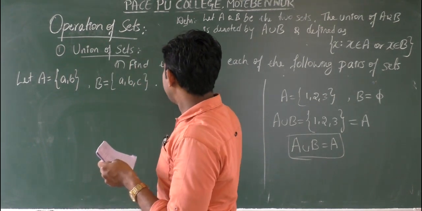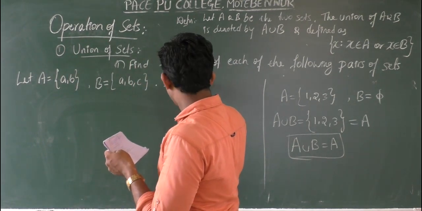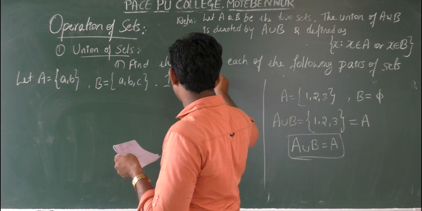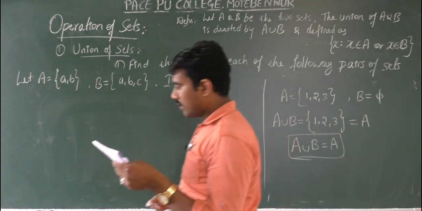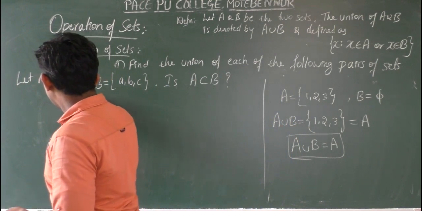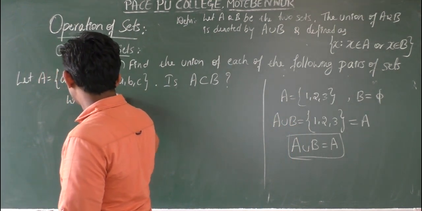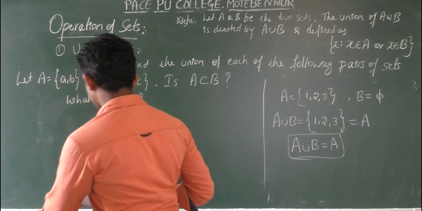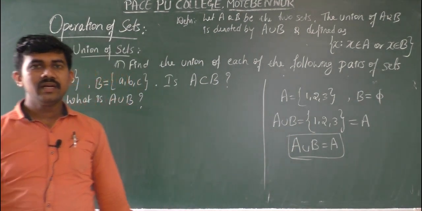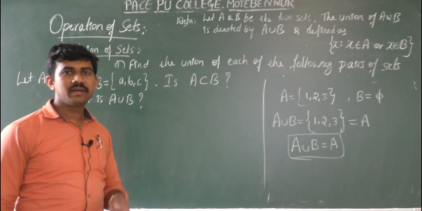Is A a subset of B? And what is A union B? Okay, now whether A is a subset of B.